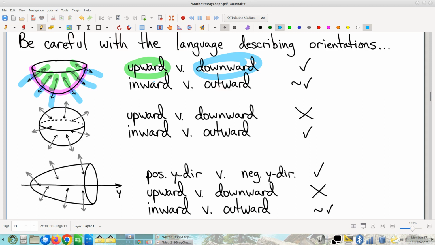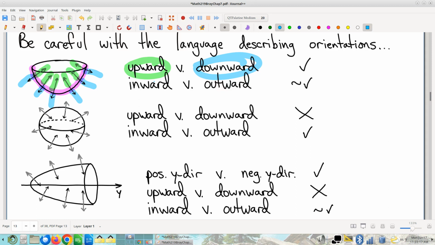Right? And if you look at those green vectors, every single one of them is somewhat upward. And if you look at those blue vectors, not a single one of those blue vectors is in any sense upward. So when we say upward, there's no ambiguity remaining. Obviously, we're talking about that green orientation picture that I have there.